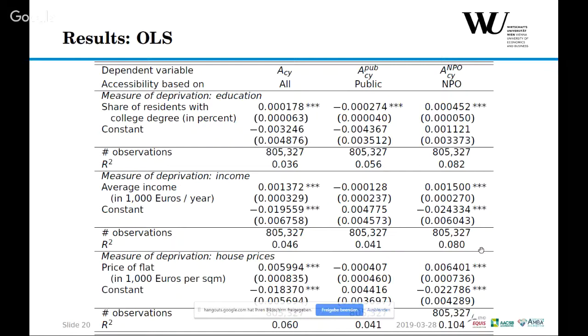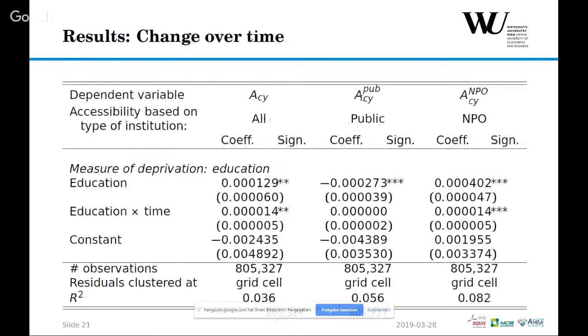Looking at public institutions, we actually find lower accessibility for children of higher socioeconomic status, at least when we use education as the indicator. Additionally, we investigated whether inequalities between neighborhoods changed over the sample period, and for this we included an interaction term between the respective measure of neighborhood quality and time.